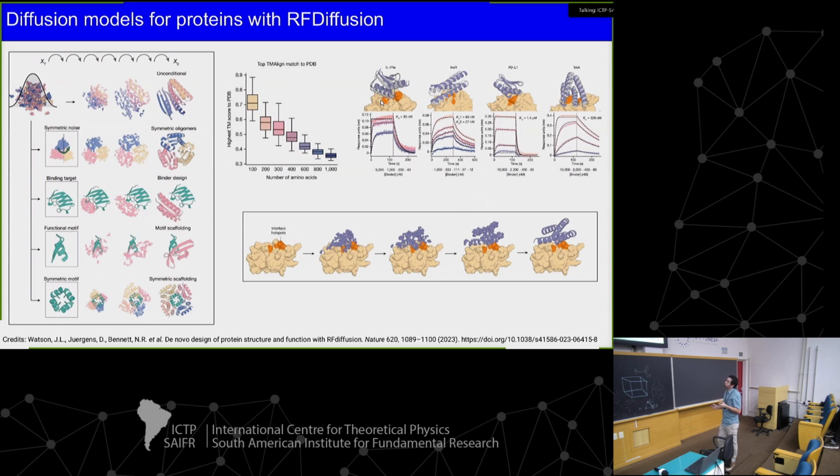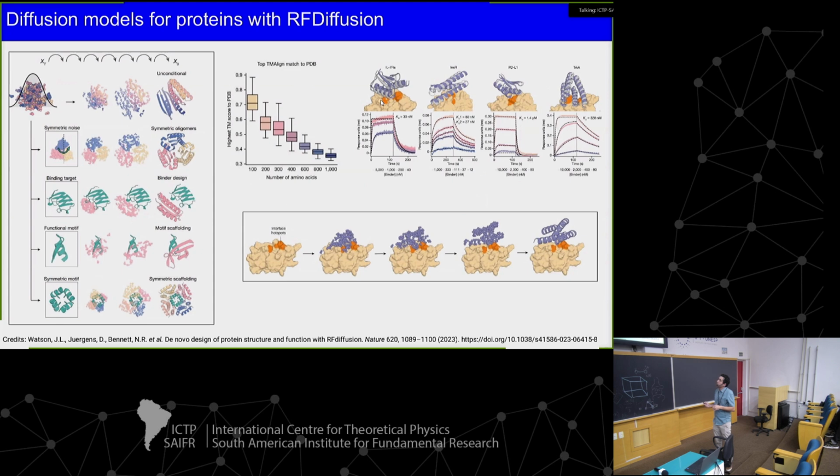One important question here is, how close are the structures generated by RF diffusion to the structures in the PDB? So here, they generated structures and compared them to the structures of the PDB using a score called TM score. The higher this value, the higher the similarity in terms of structure.